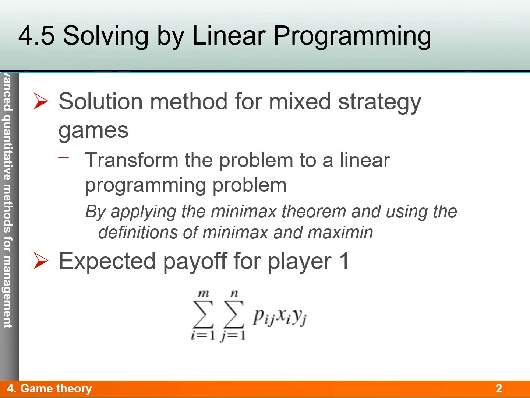As you remember, as we learned before, there are three different forms of the examples. If it's a mixed strategy 2 multiplied by 2, we apply the analytic method easily. If it's 2 multiplied by n or m multiplied by 2, with the condition that m and n are greater than or equal to 3, we need to apply the graphical solution.